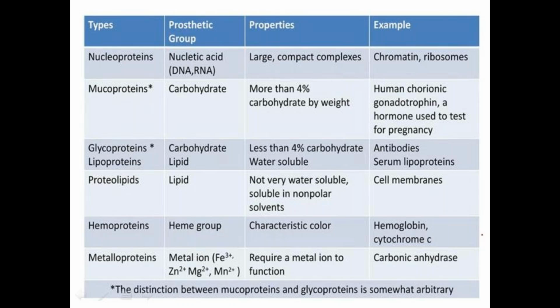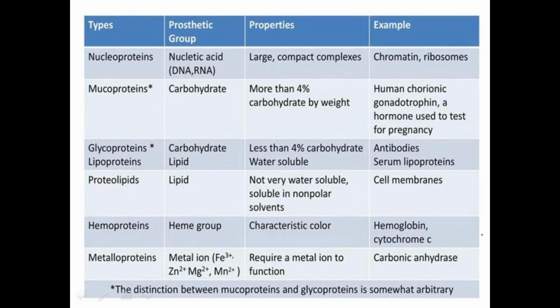Muco means containing the carbohydrate region, and these are called mucoproteins. They are mainly used for the pregnancy test, human chorionic gonadotropin, and these contain more than 4% carbohydrate.